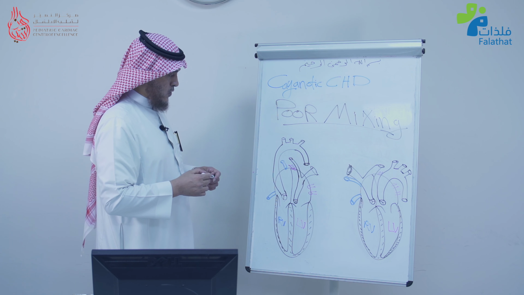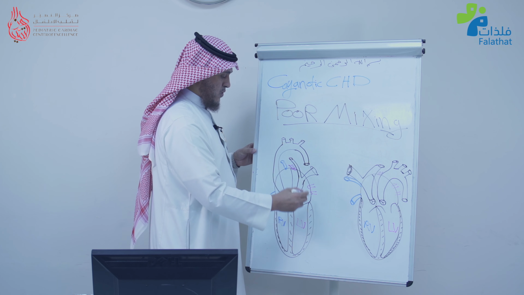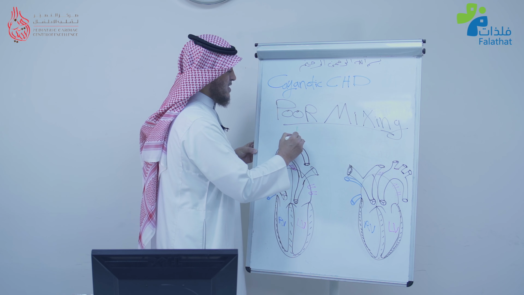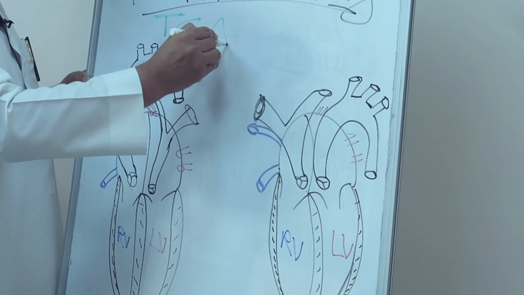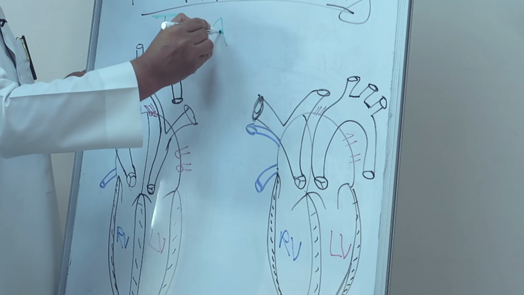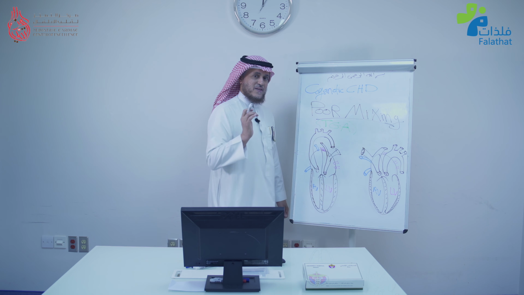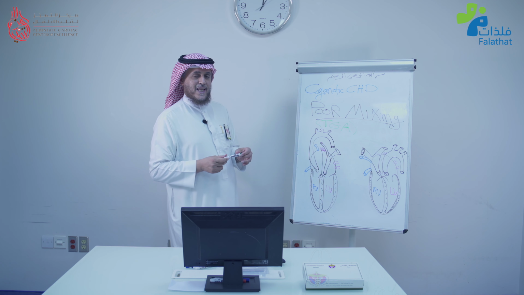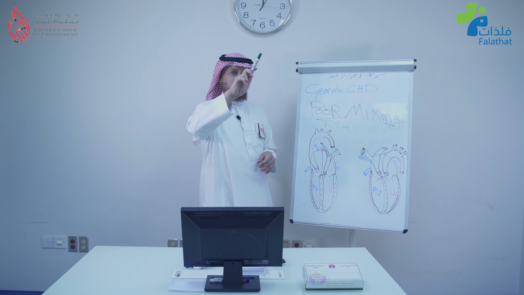There is a condition called transposition of the great arteries, which is shown in this picture. Mind my drawing, it's not the best, but transposition of the great arteries is a unique cyanotic congenital heart disease that has poor mixing. And let me explain why. It is because of circulation in parallel. It is not in succession. Circulation in succession is a circle.